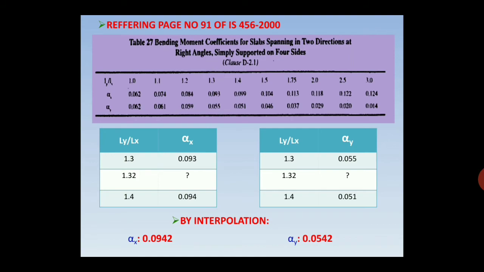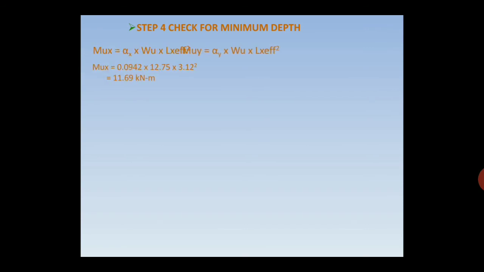So with these two alpha x and alpha y values, we can go ahead and find the bending moment. Firstly, check for minimum depth. In this we will find the bending moment first, that is Mu x and Mu y. The alpha x and alpha y values which we have got in the previous slide are to be used here.